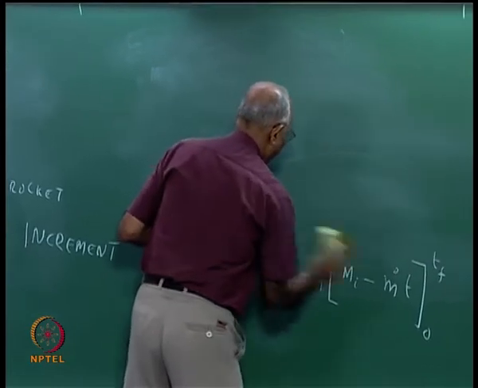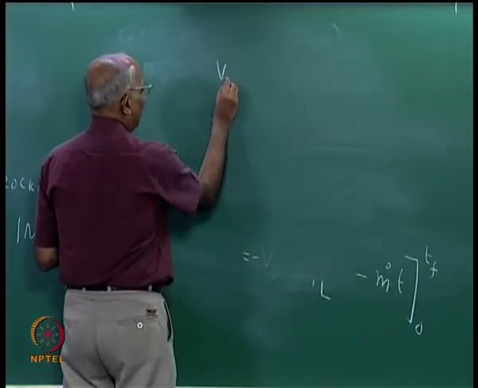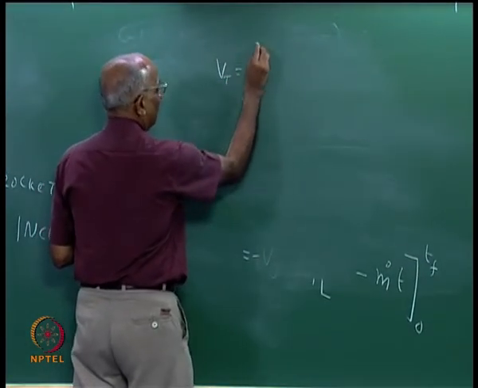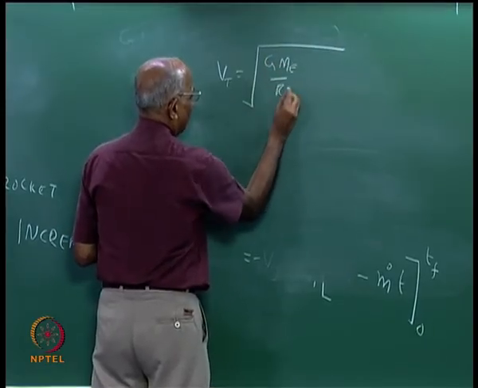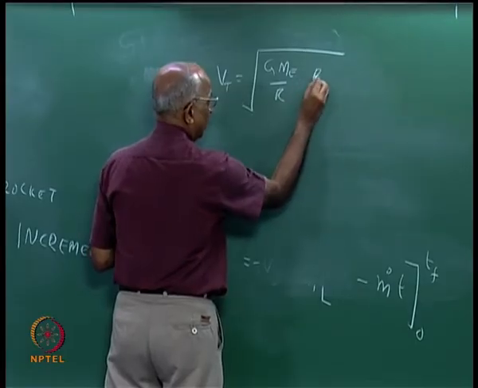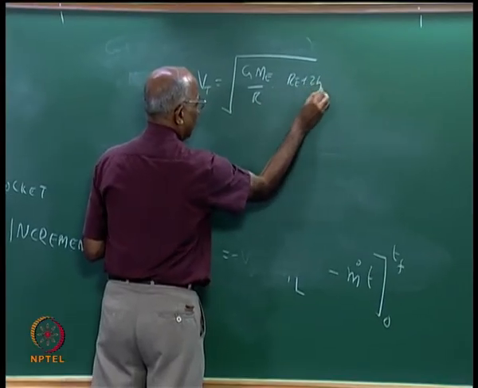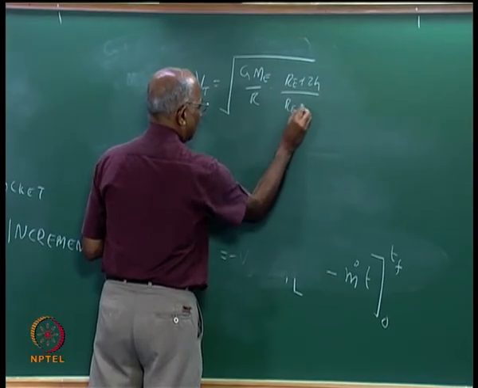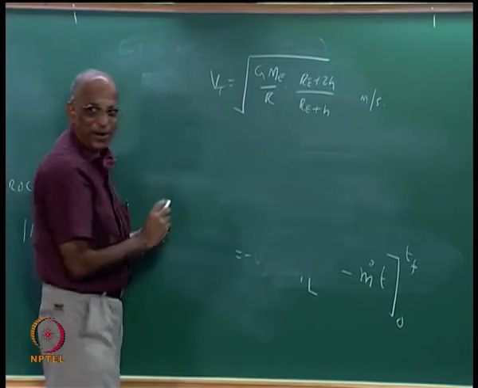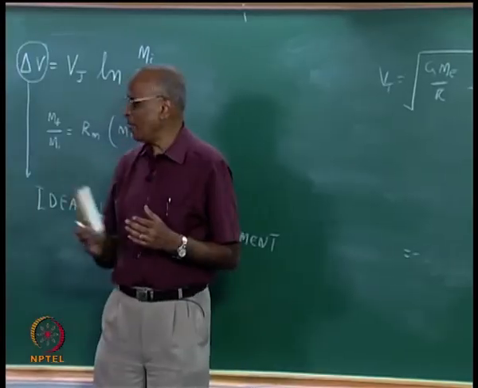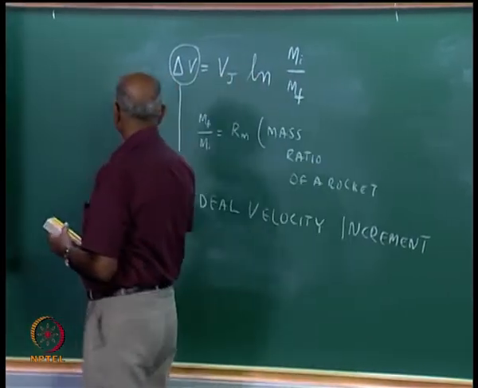If I can write it correctly, let us say Vt is equal to under root G Me by r, for the case of the earth, Re plus 2h divided by Re plus h, so many meters per second is the velocity what was required.